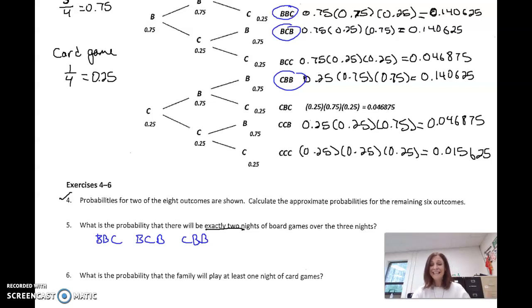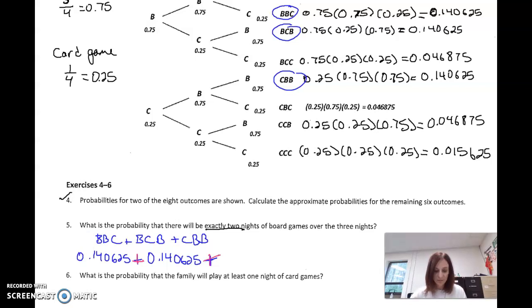All right, so inside the tree diagram to figure out probabilities, we multiply. But when we're talking about more than one outcome, we add them together. So here's what this means. This BBC, okay, that is 0.140625 plus, let me put that in a different color, BCB, 0.140625 plus, for multiple outcomes here, right?